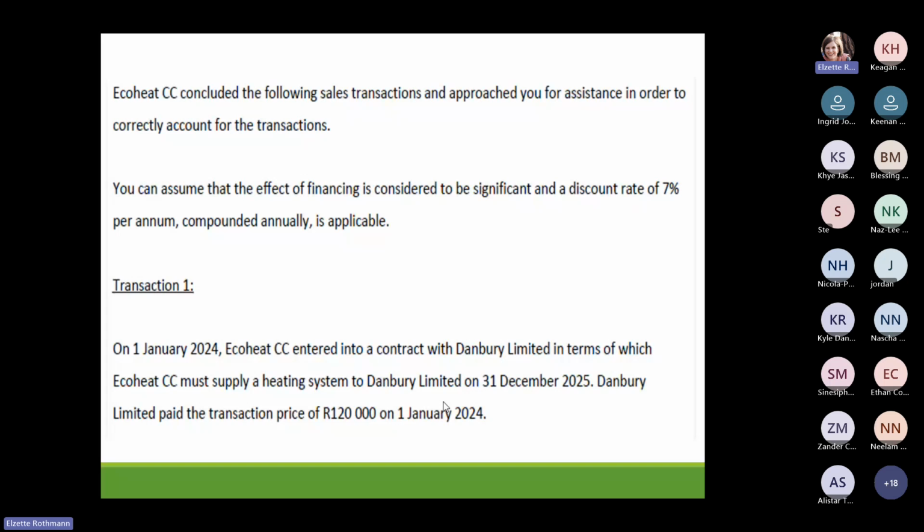But in 2025, when we recognize revenue, we recognize that full amount as revenue. So they're technically not losing out any money. If you enter into a contract and you're not immediately supplying what you need to, there will be an interest part that you have to look at as well.